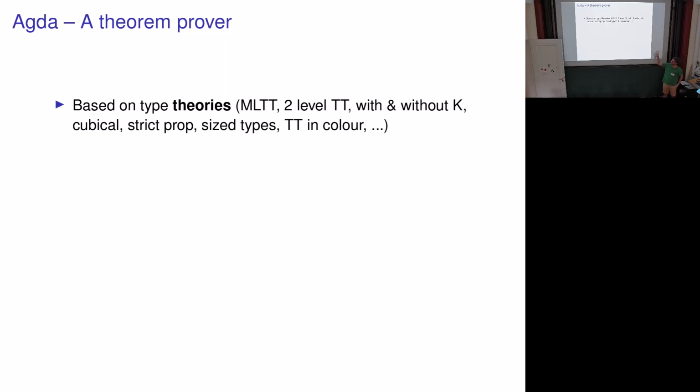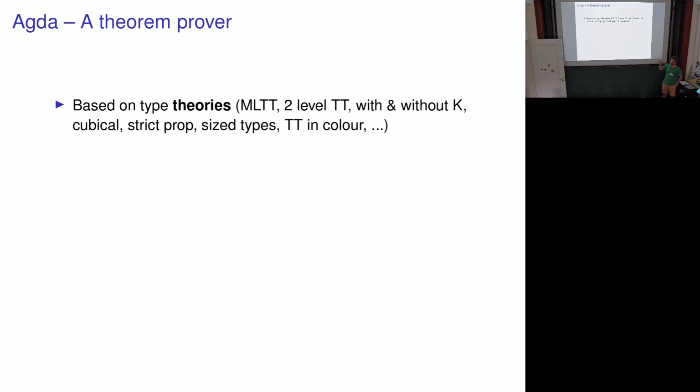So the core is Martin-Löf type theory, but then we have lots of extensions, talking about two-level type theory, which is this language that allows you to do a lot of meta-mathematical reasoning directly in the system to generate higher level theories in the core level.